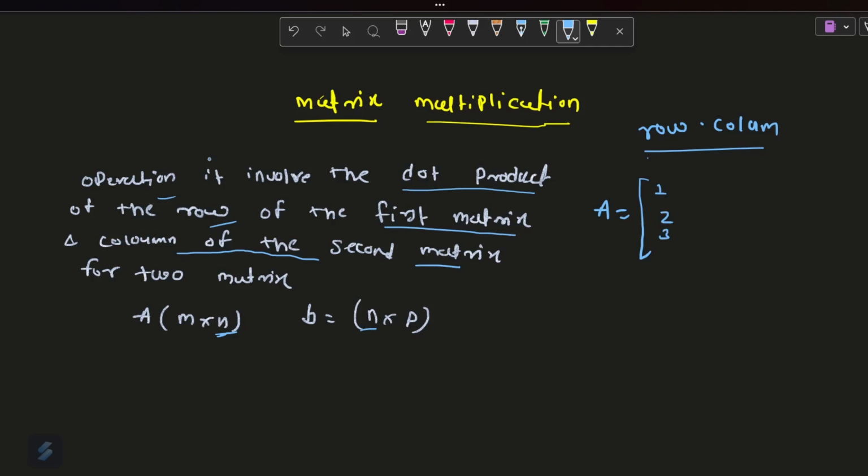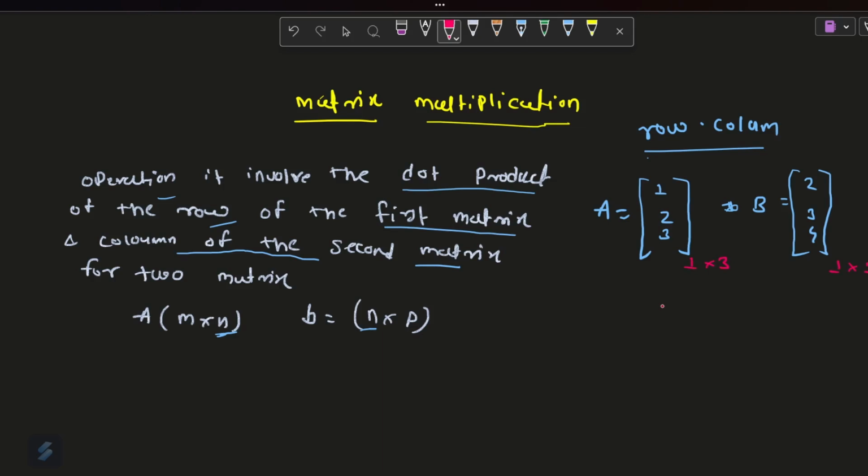Take a matrix A with 1, 2, and 3. Similarly, matrix B with 2, 3, and 4. This is a 1 by 3 matrix, and similarly the other is also 1 by 3.